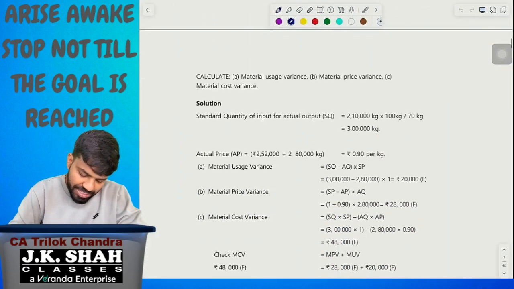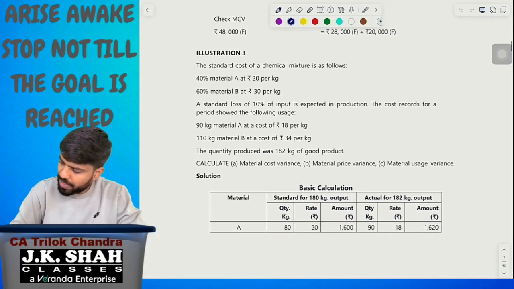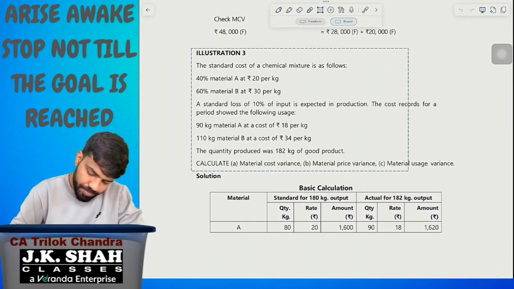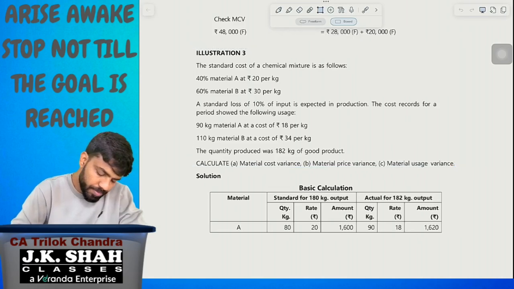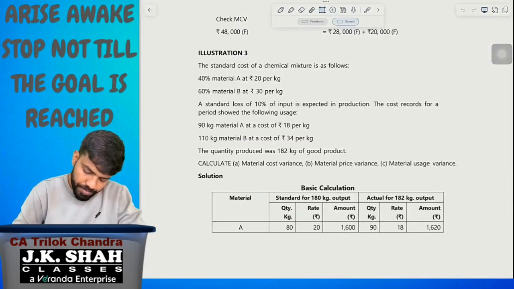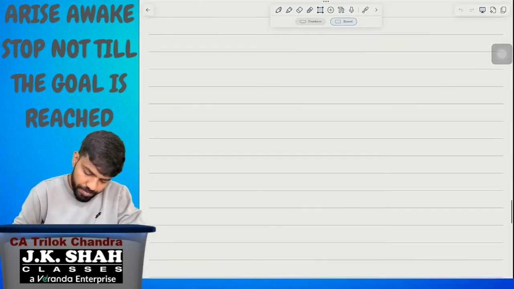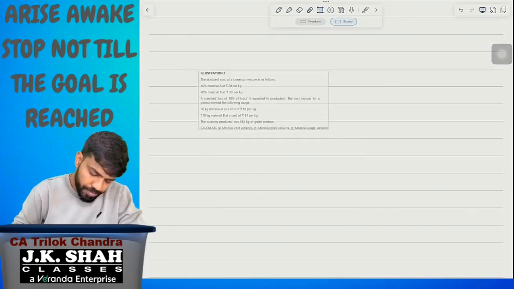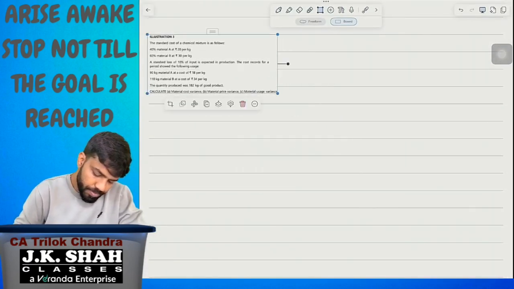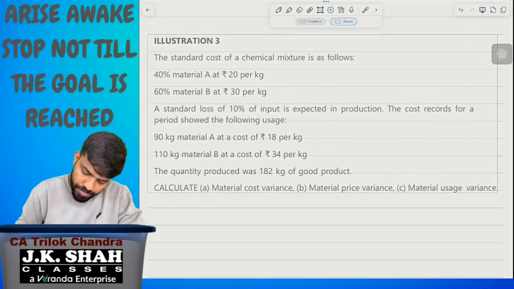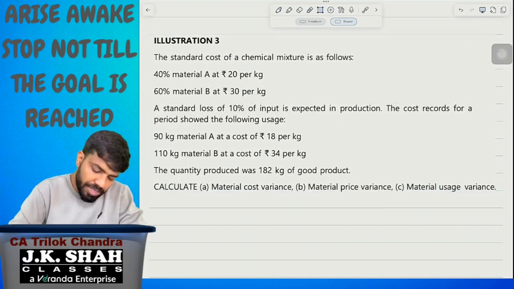Let me take illustration 3. Look at the question.